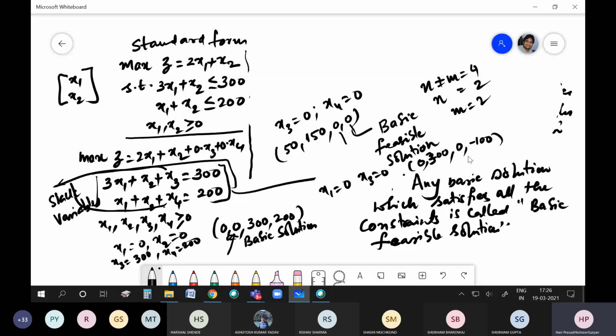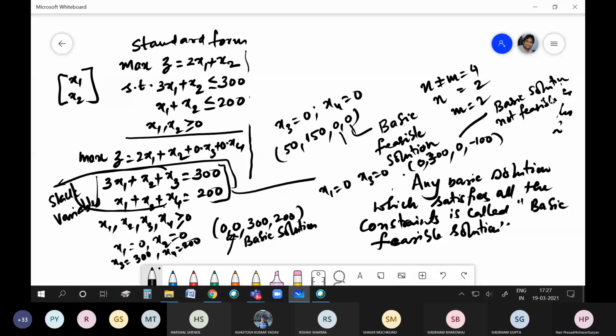Is this a basic solution? Yes, because you have 2 zeros here. But is it a feasible solution? No, because x4 is negative. We should get x4 as a positive value. It is a basic solution, but it is not feasible.